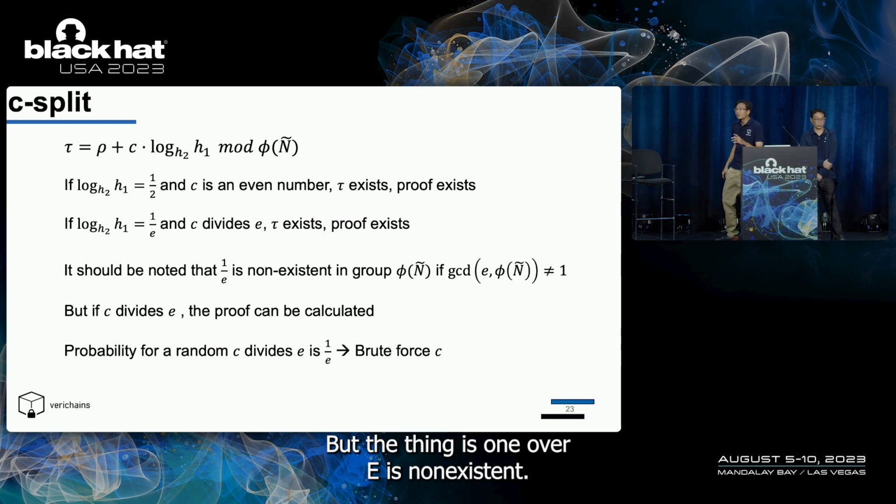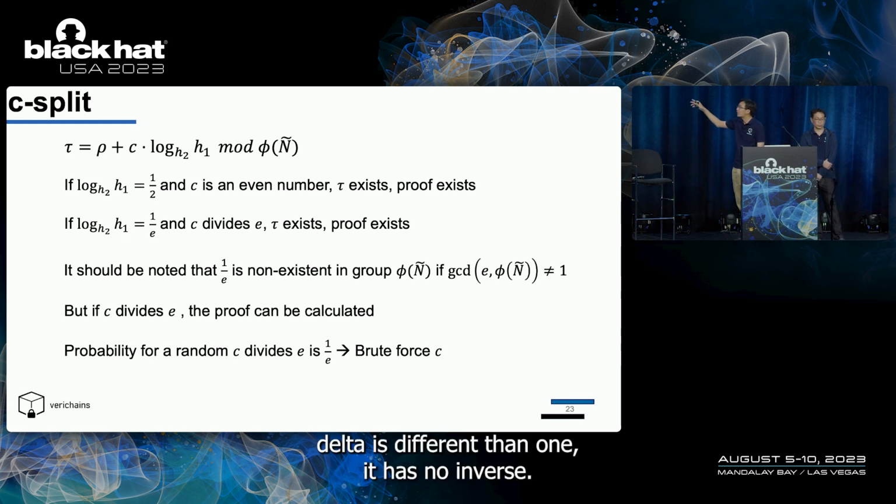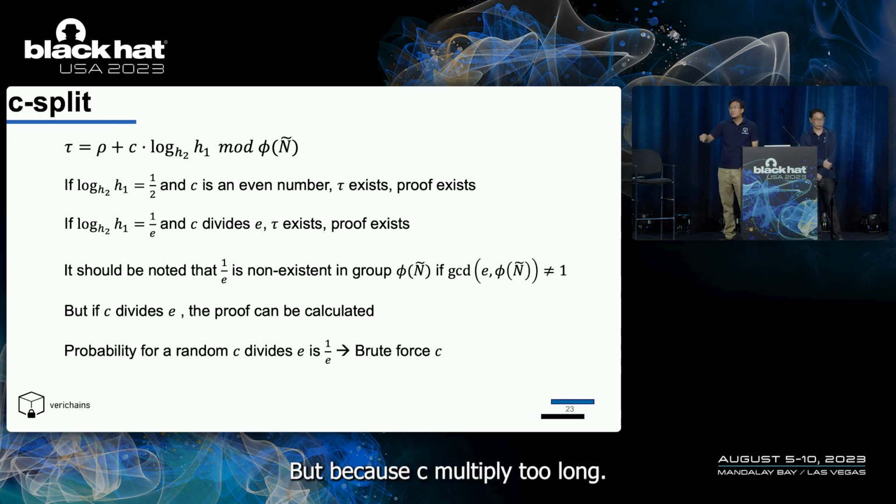But the thing is, 1 over E does not exist if the GCD of E and phi n delta is different than 1. It has no inverse. But because C multiplies the log, this can be calculated even though in this subgroup we don't have E inverse.